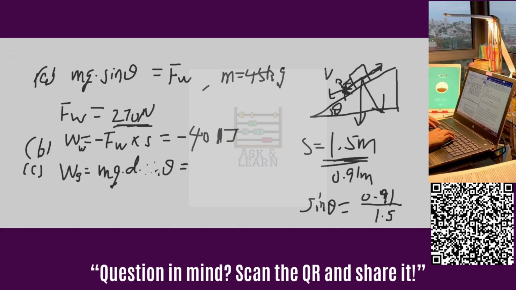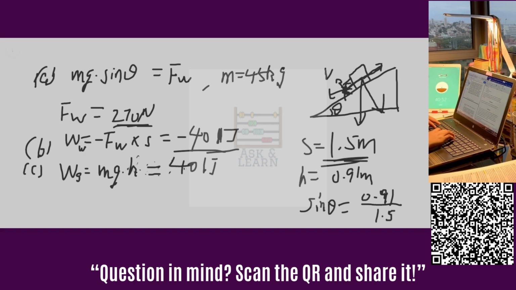The displacement on the y component is basically just the height of this incline. So we just use h to label the height, times h. So we already have the height here. Just plug in the values, and you'll see that this equals 401 joules, which is just the opposite of this value.